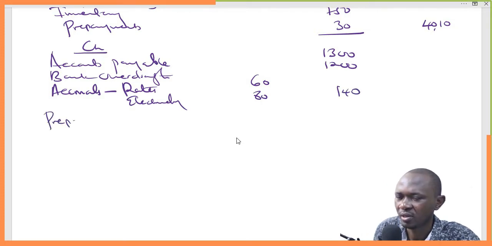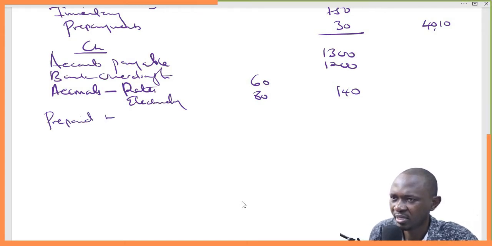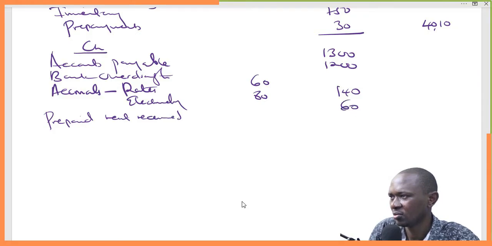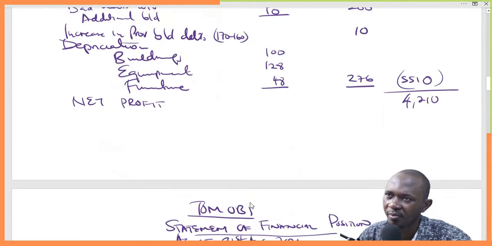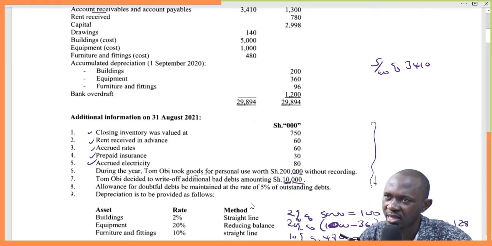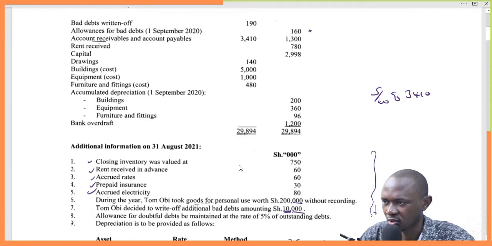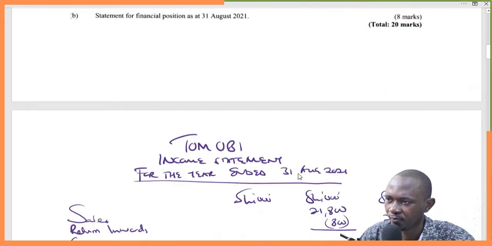And then of course we have the prepaid rent received, which was 60. So that will also feature there. Prepaid rent is a liability because you are holding on to money that belongs to the following year and not this year. So prepaid rent 60.